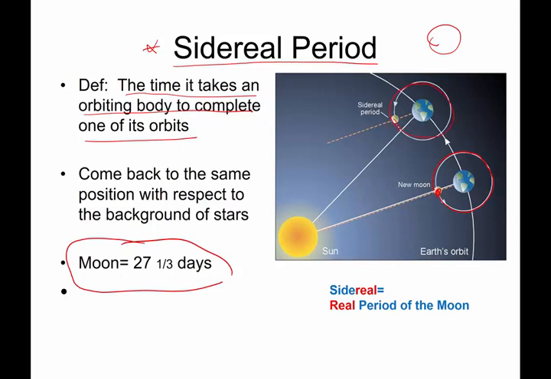That is called the sidereal period. That is the real period of revolution of the moon.